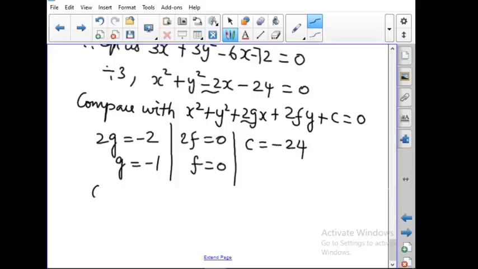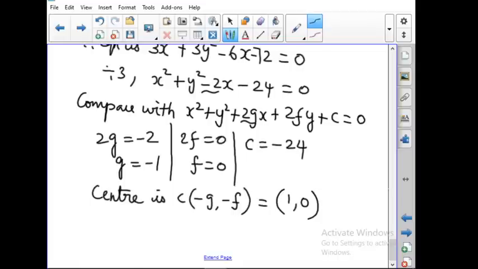Now what is the center formula? Center is minus g comma minus f, that is equal to plus 1 comma 0. Next, radius.